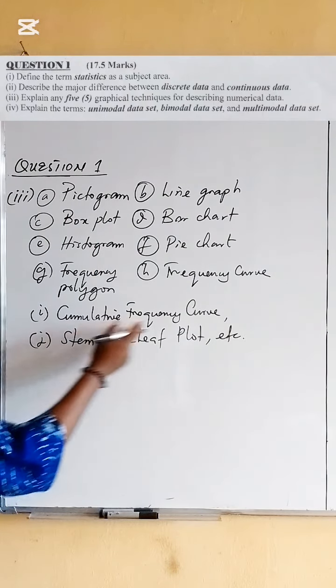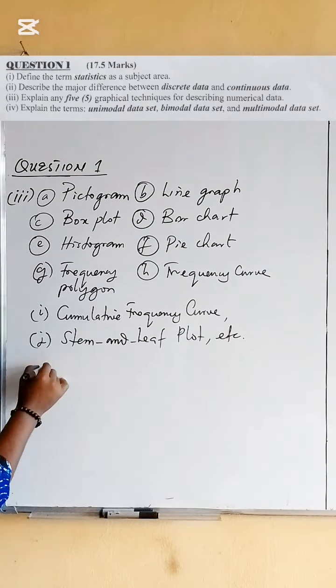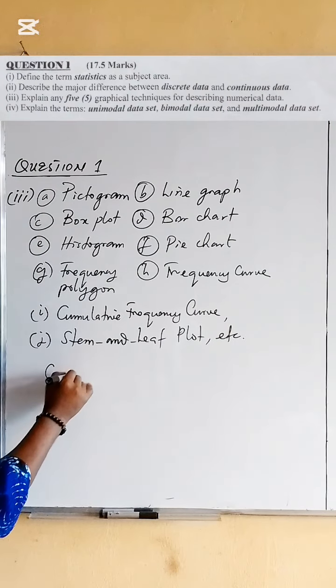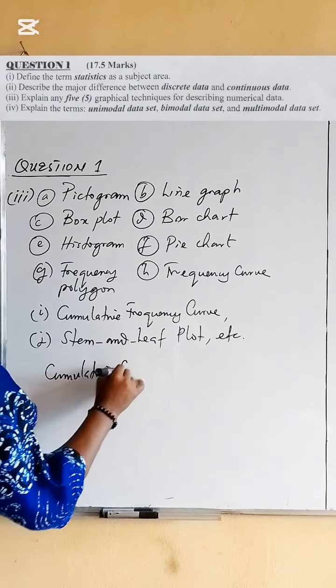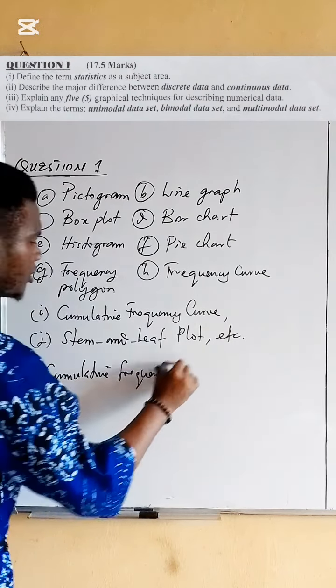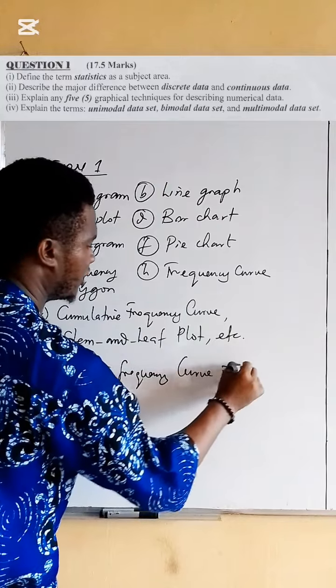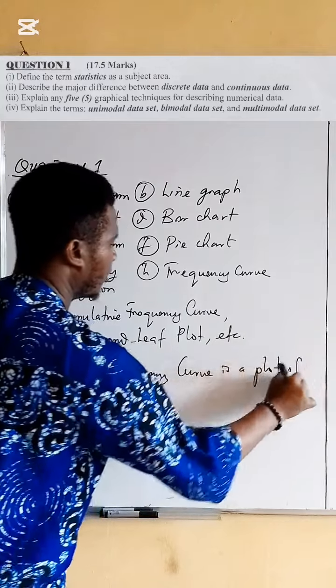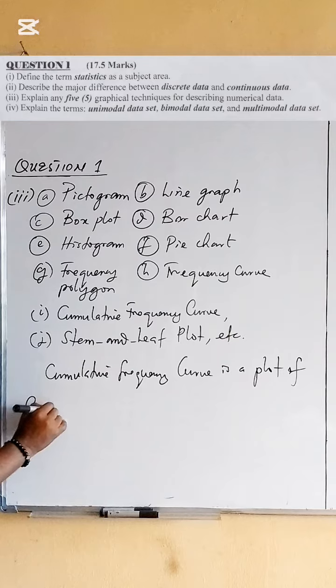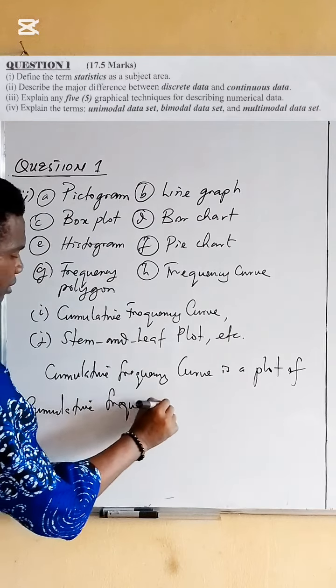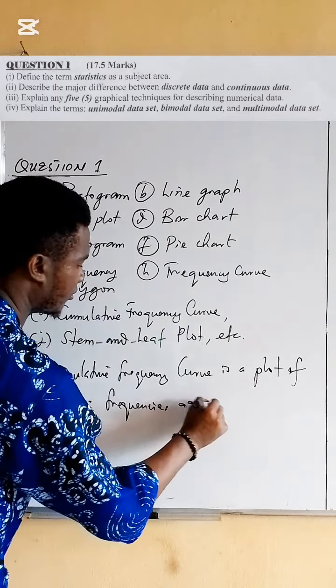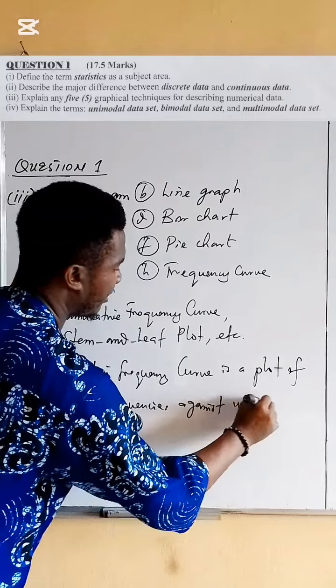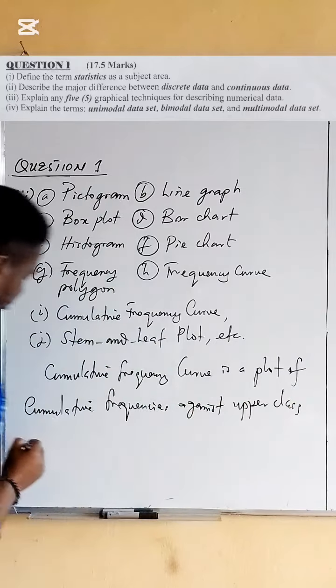So for the cumulative frequency curve, this cumulative frequency curve is a plot of cumulative frequencies against upper class boundaries.